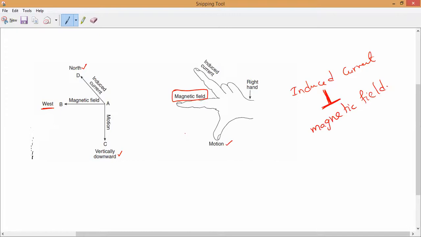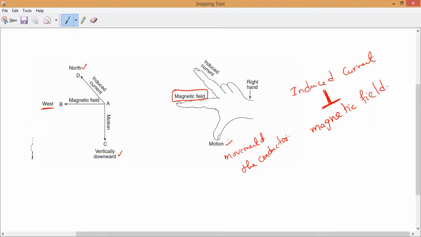Fleming's left hand thumb rule we will use to find the force, meaning the thumb is the motion which is being exerted. But here we should not say force; what should we call it, guys? The thumb is indicating the movement of the conductor, or we can say motion. In the left hand thumb rule, what we used to call the thumb was force exerting. But here the thumb is called motion, the movement of the conductor.